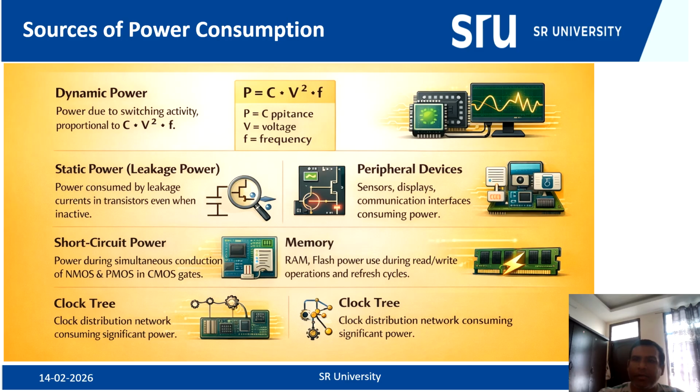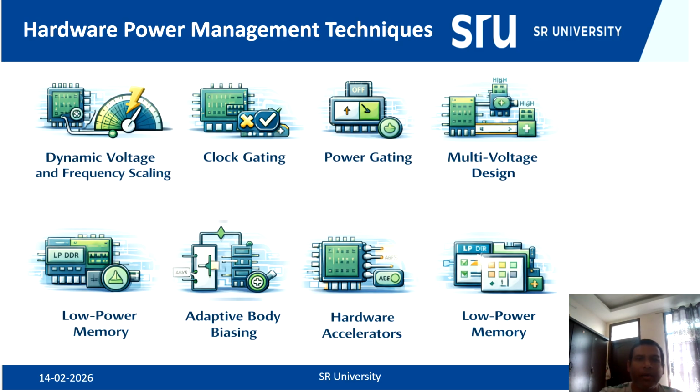Now, coming to the next slide, that is hardware power management techniques. Once we understand where power is being consumed in an embedded system, the next step is to explore hardware level techniques that can effectively reduce this consumption.